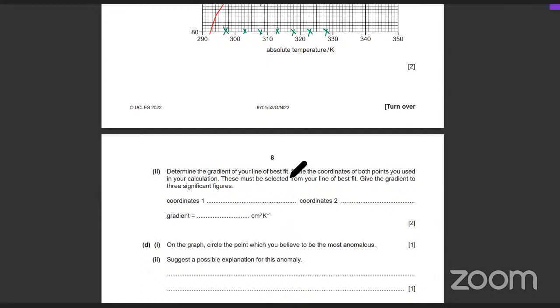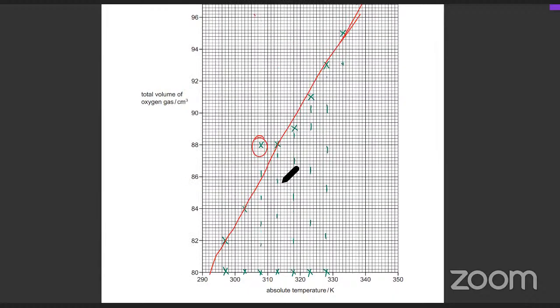Determine the gradient of your line of best fit. State the coordinates of both points. So for the gradient, make sure to have as big a triangle as possible. Let's say it's passing this point. The rise is 80 to 94. That's 14 cm cubed. And 290 to 330, that's 40 Kelvins.